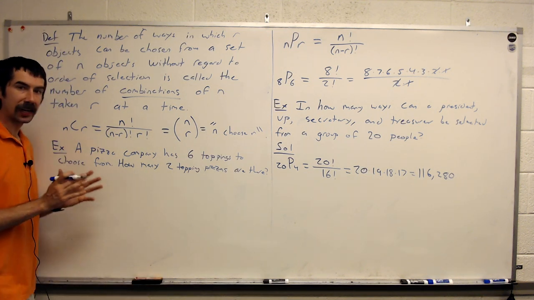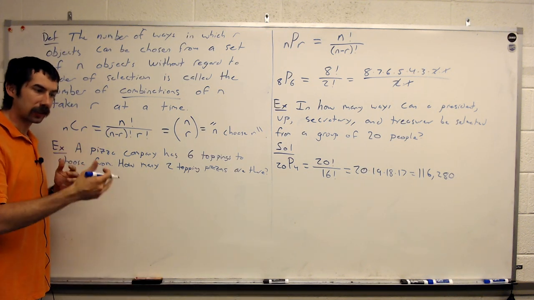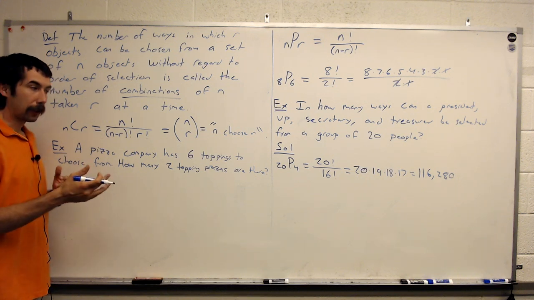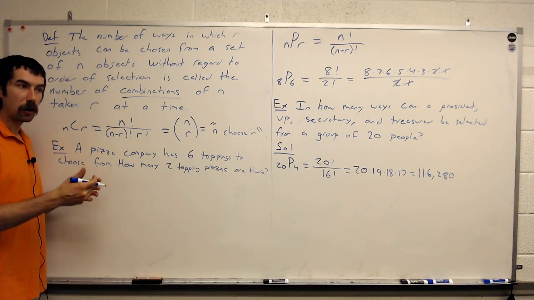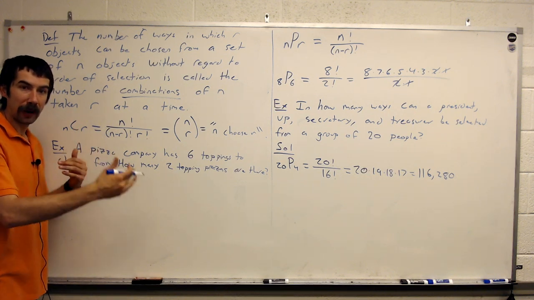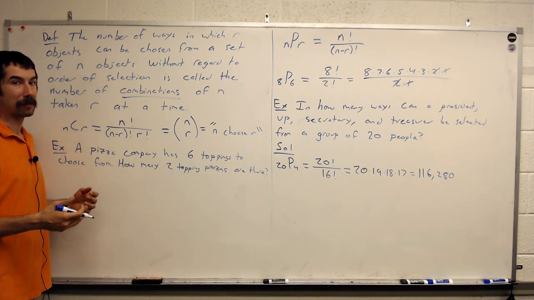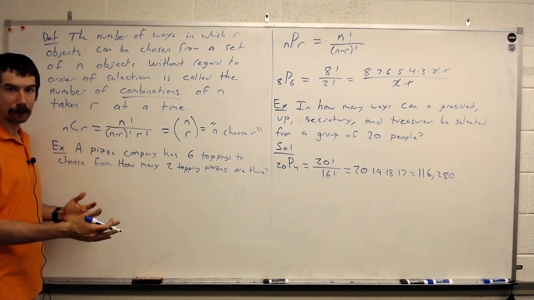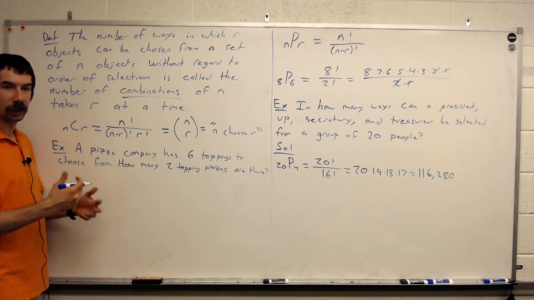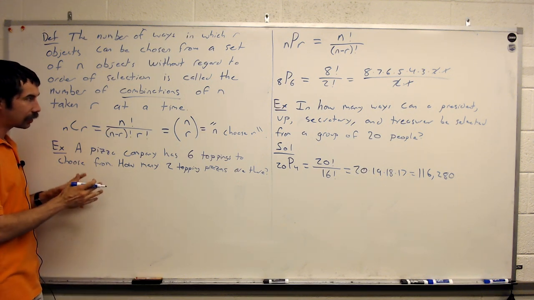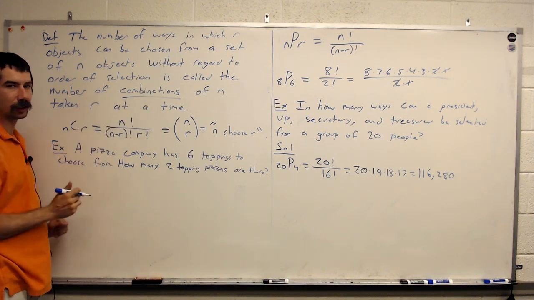Okay, so we have 6 objects, and we want to select 2 of them, but the order of selection does not matter. If you have a pineapple bacon pizza, that's the same thing as a bacon pineapple pizza. So the order of selection does not matter here. This is a combinations question.